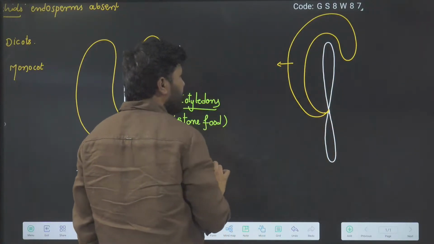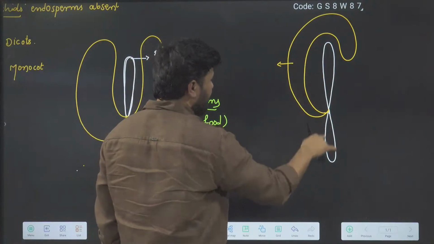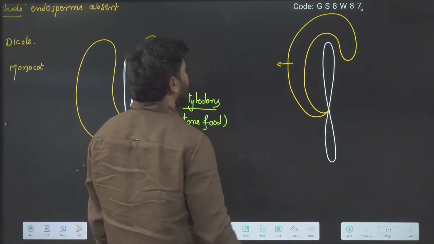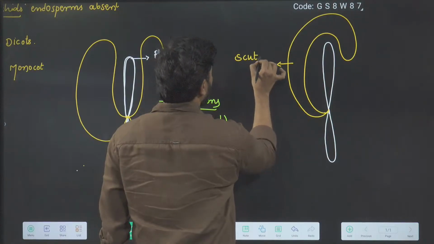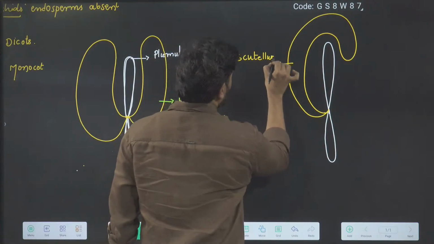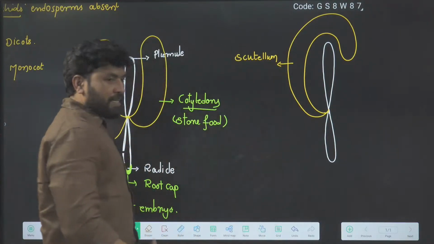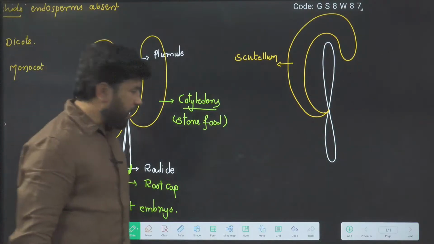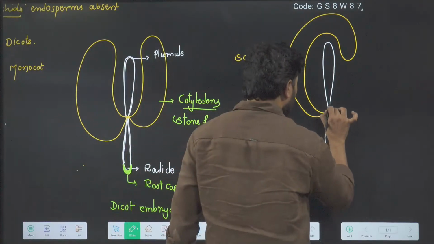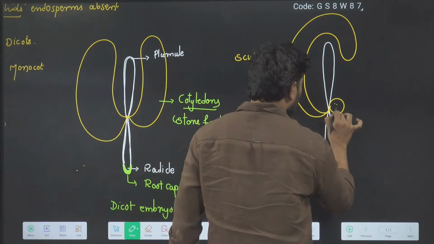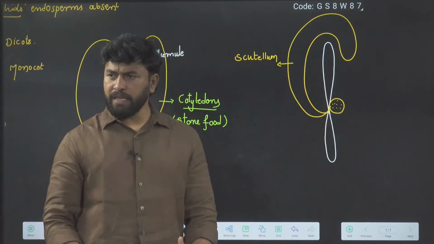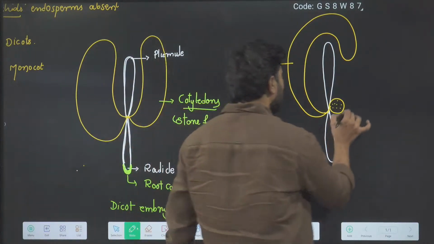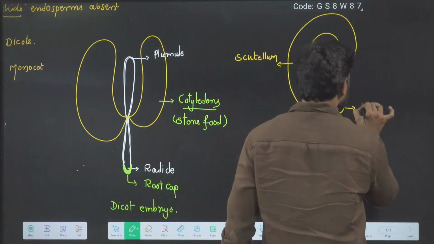This shielding of the entire embryo by one single cotyledon we call the scutellum. The other cotyledon will be immature. That immature cotyledon is also called a rudimentary cotyledon. It has a name called epiblast.